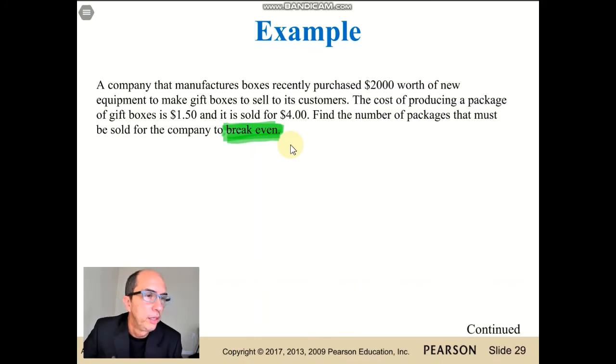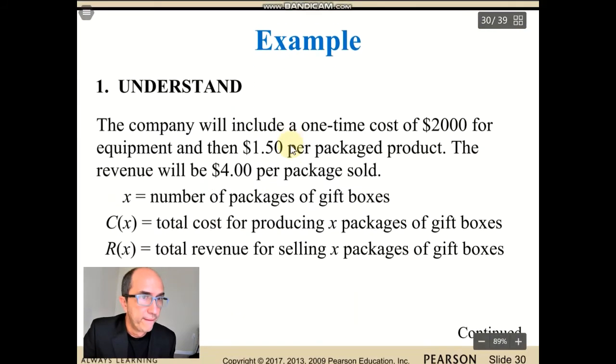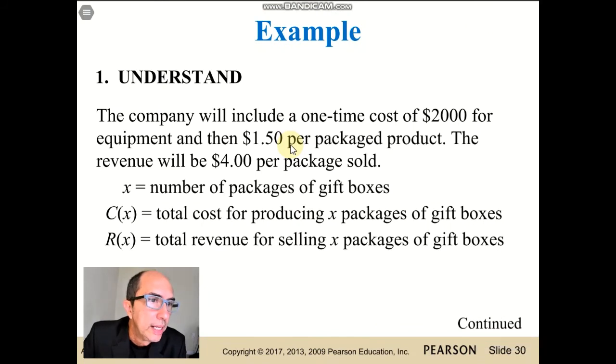It is the point where you covered all your costs. To understand, the company will include a one-time cost of $2,000 and then $1.50 per packaged product. The revenue will be $4 per package sold.